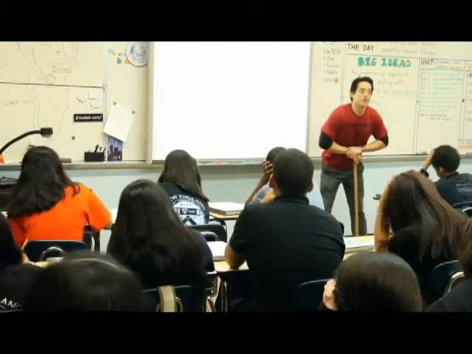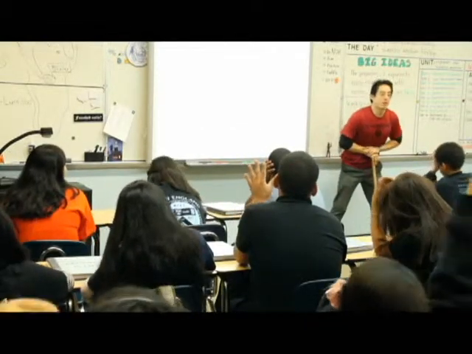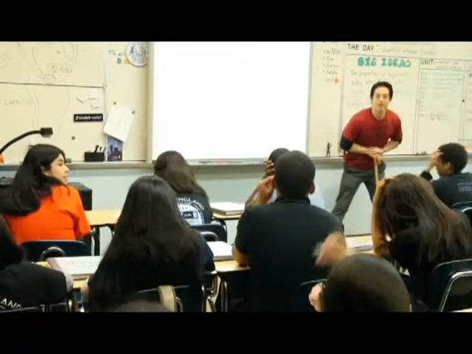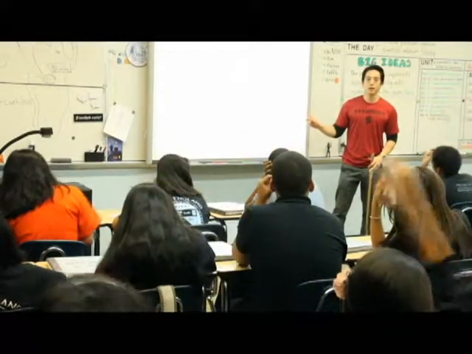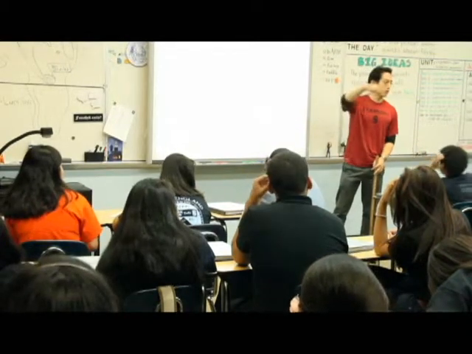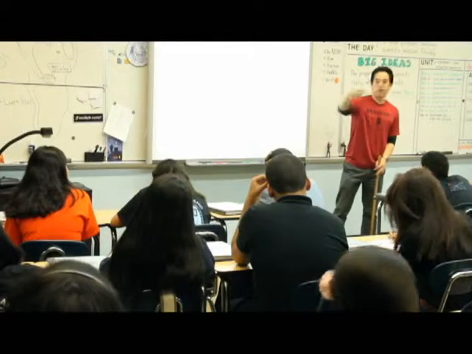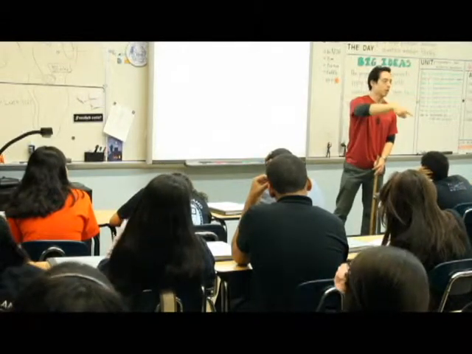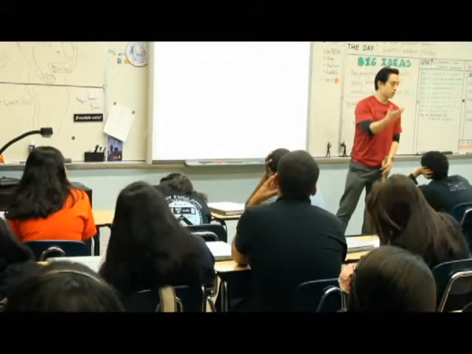How many times larger? How many ants do we need here? Brandon? 20 billion. Desiree? 2 billion. 2 billion. 10 to the 3rd is 1,000. They all count by 3. 10 to the 3rd is 1,000 because every 3 zeros. 10 to the 6th is millions. 10 to the 9th is billions. 10 to the 12th is trillions.